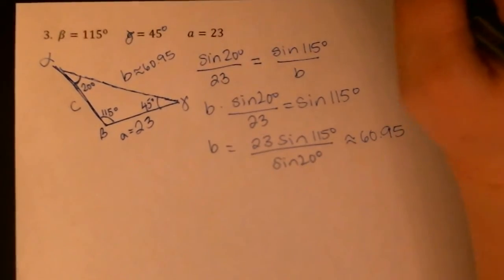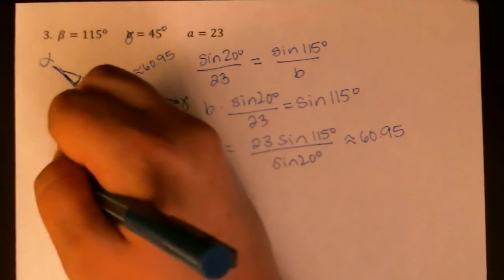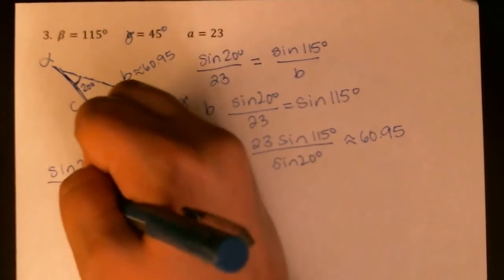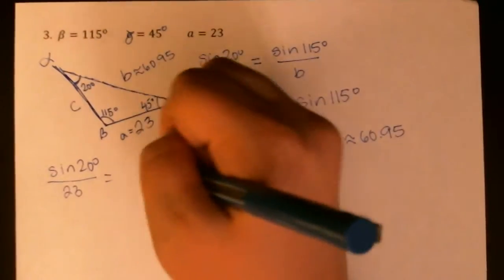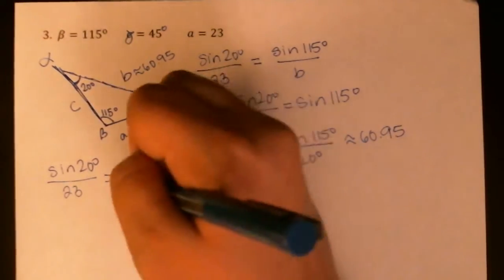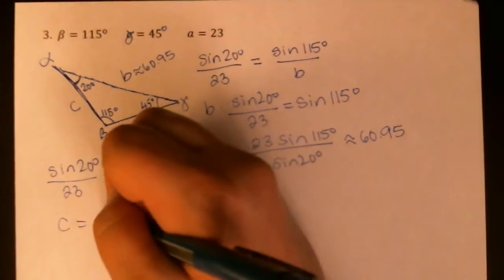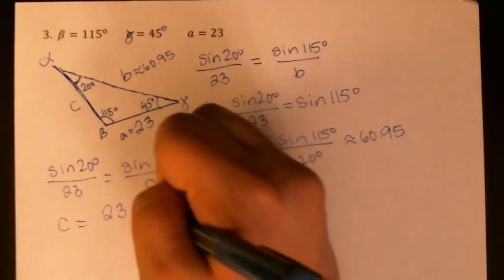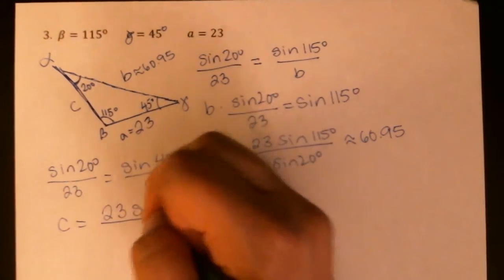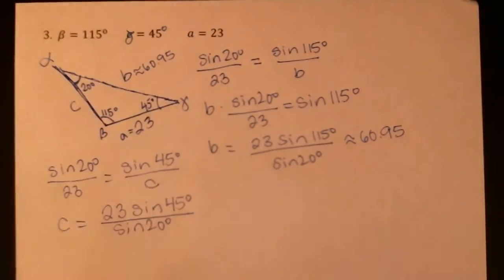So B is about 60.95. And then I'm just missing side length C, so I'm going to do the same thing. I'm going to take sine 20 degrees over 23, and I'm going to say that equals sine 45 degrees over C. And then following really similar steps, we're going to get that C is 23 times sine 45 degrees over sine 20 degrees.